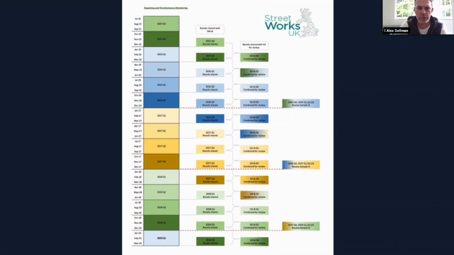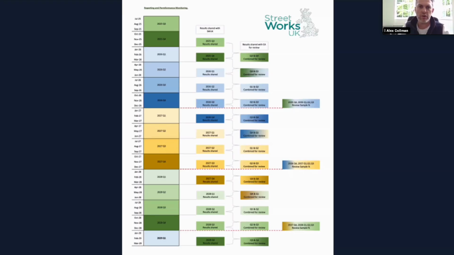So I've taken this from the Streetworks UK page. I don't know how well that correlates across the screen, but you can get this from the Streetworks UK website, and it looks at the timelines for what needs to be done by contractors, then subsequently Streetworks UK and the Environment Agency.